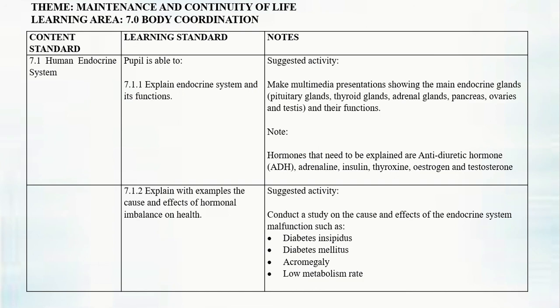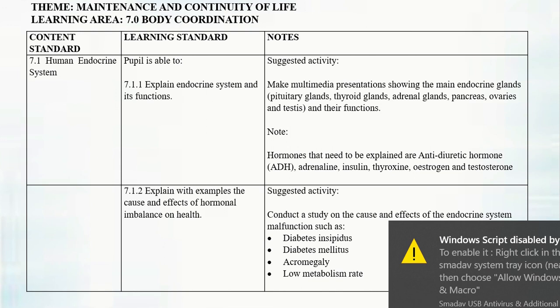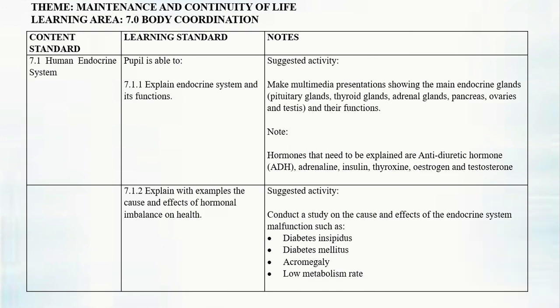Students need to be able to explain the endocrine system and its function for its learning standard, and the suggested activity is to make a multimedia presentation showing the main endocrine glands, which are pituitary gland, thyroid gland, adrenal gland, pancreas, ovaries, and testes, and also their functions. You also need to note that the hormones that need to be explained are antidiuretic hormone, ADH, adrenaline, insulin, thyroxine, estrogen, and testosterone.